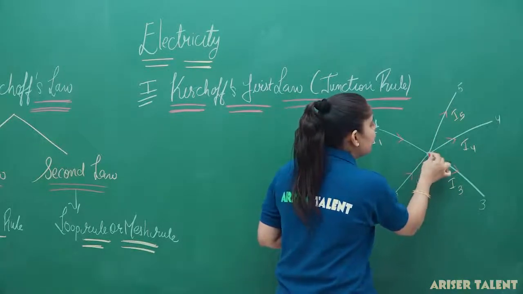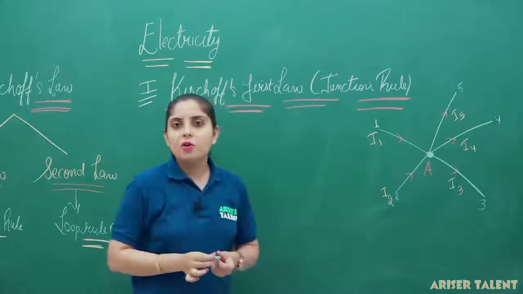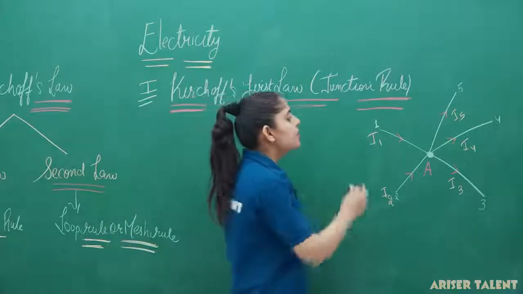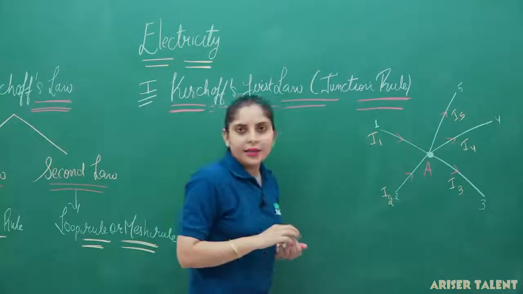The two currents that are entering the system will be taken as a positive sign and the currents leaving the system are taken as a negative sign.